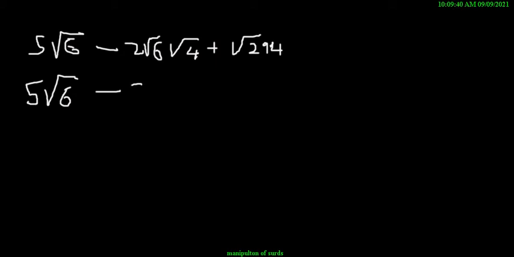So here we've got 2 square root of 6, and the square root of 4 is 2, so it's going to be 2 here, plus, and this is going to be 6. Simplifying, it's 6 times 49.